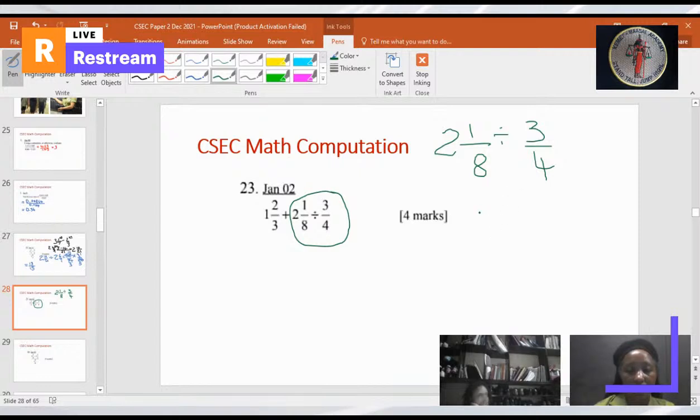No, sorry, it's 17 over 8, because 8 times 2 is 16, plus 1 is 17 over 8. Then we change the division to multiplication.